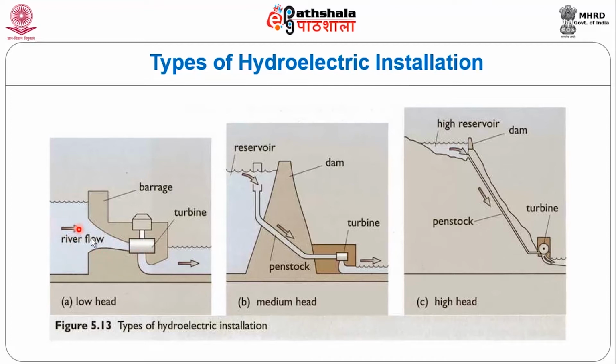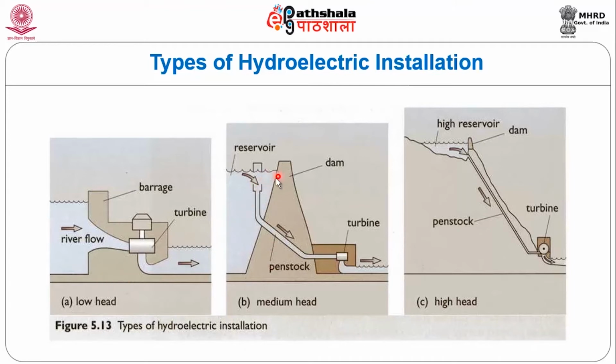When the barrage is opened, the water gushes out through the turbine blades and then it is connected to the generator, and the potential energy is converted into mechanical energy. Again it is converted into electrical energy. Then the water goes through the tail race, and it goes for agricultural purposes. The medium head dam height is a little bit higher when compared with low head dams.